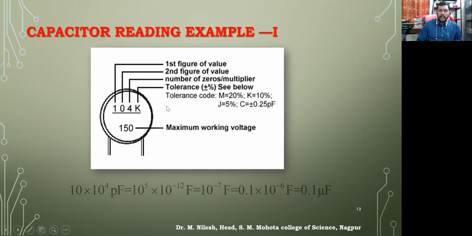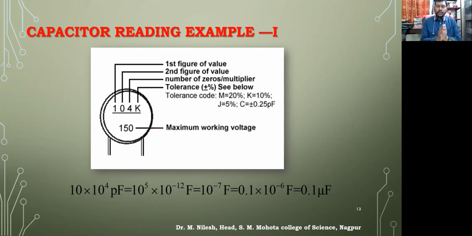So if we need to calculate the value of that, this comes under the pico. This is 10, the first and the second, and this is the multiplier, that is 10 raised to power 4. Since it is a ceramic capacitor, we'll always take it in picofarad. Pico means 10 raised to power minus 12.